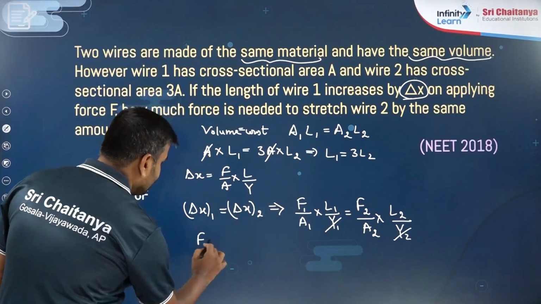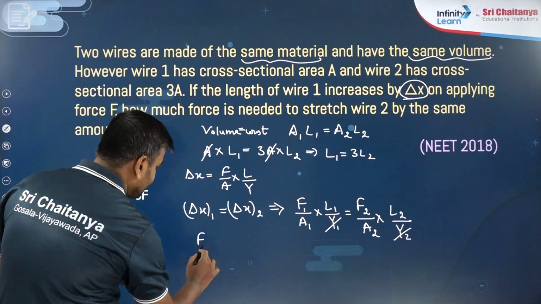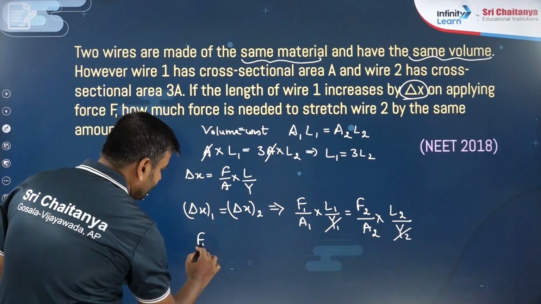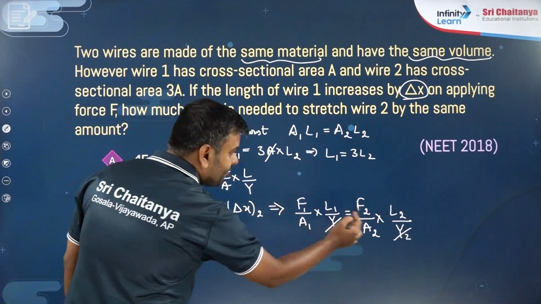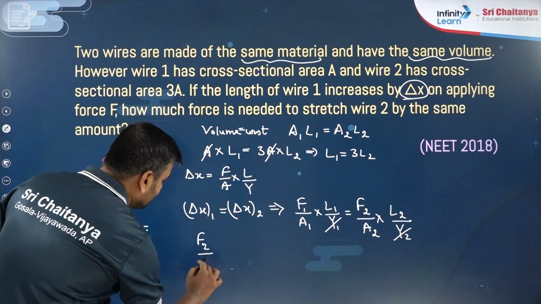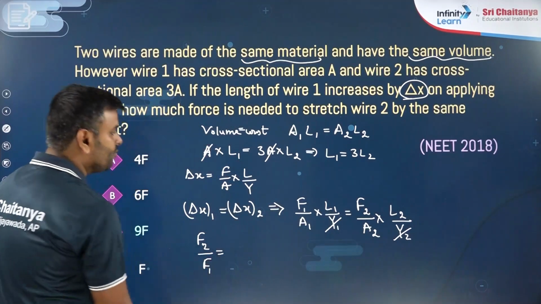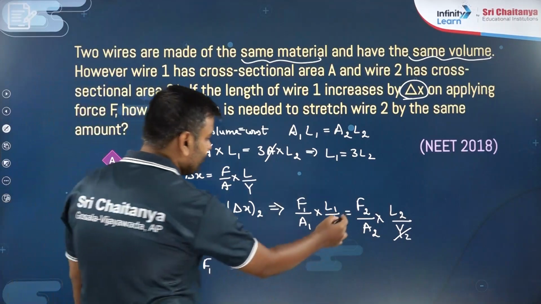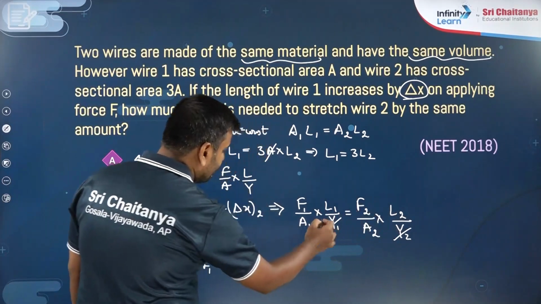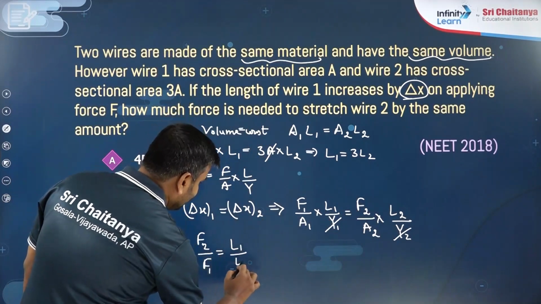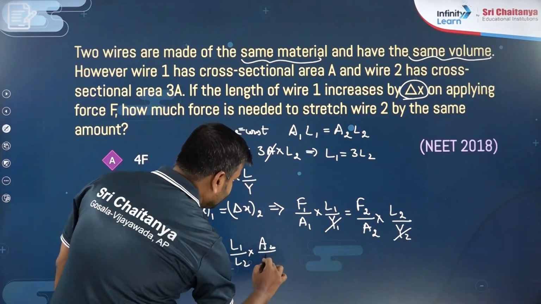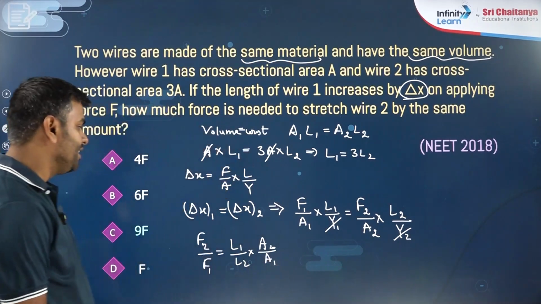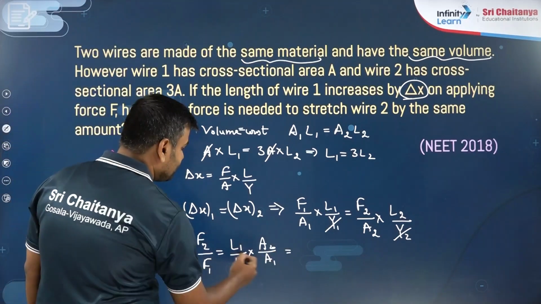Here we have to calculate F2, and F1 we know, so let's shift things around. We are getting F2 divided by F1, which will be equal to L1 by L2 into A2 by A1. Now we can substitute these values.